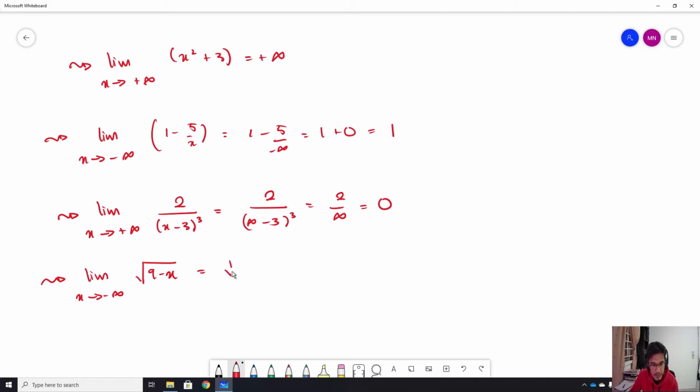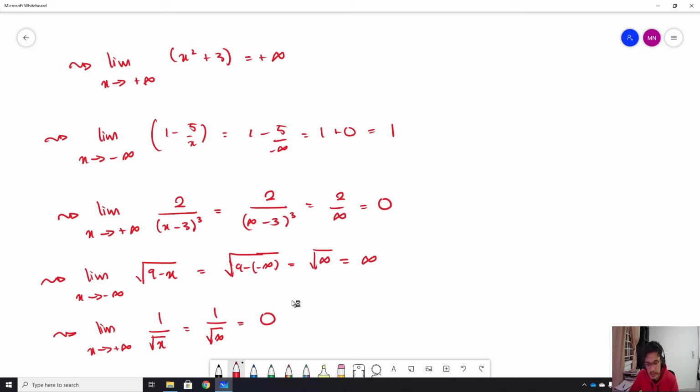So equal to 9 minus negative infinity. So akan jadi positive infinity. So 9 plus infinity is infinity, and square root of infinity is infinity. So limit x approaching positive infinity, 1 over square root of x equal to 1 over square root of infinity is still equal to 0.